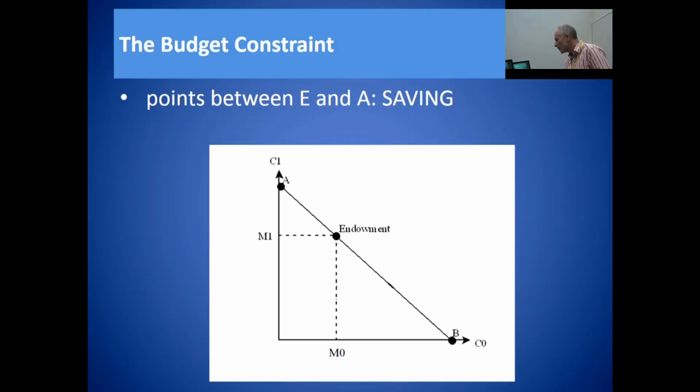And obviously, the further to the left we move, the higher the level of savings, until eventually we'd arrive at point A, where the consumer in the present is consuming absolutely nothing. He's putting all of his present income into savings and converting it to consumption in the future. So anywhere between E, endowment, and A, anywhere along that part of the budget constraint, the individual is saving.